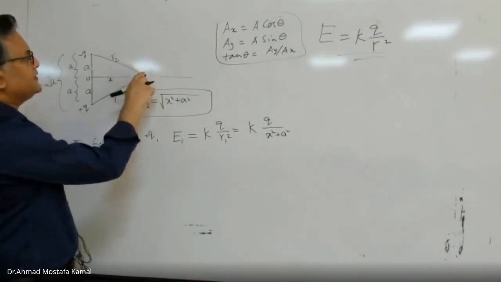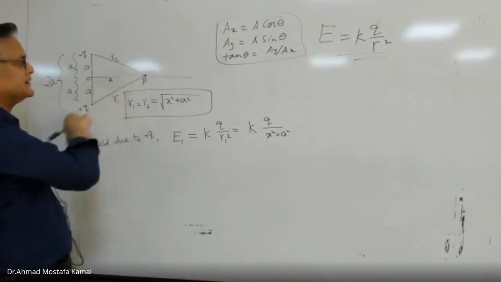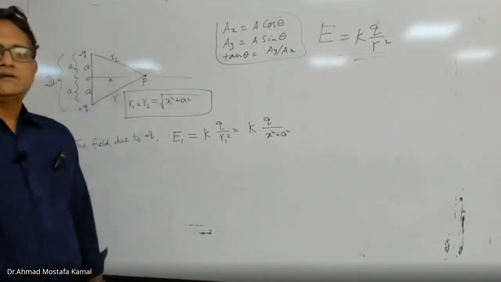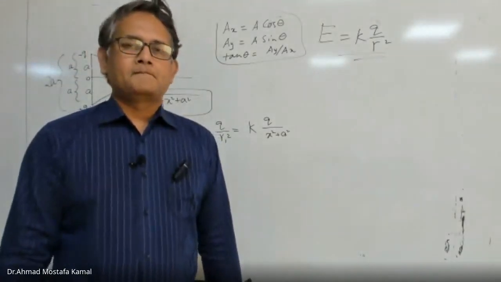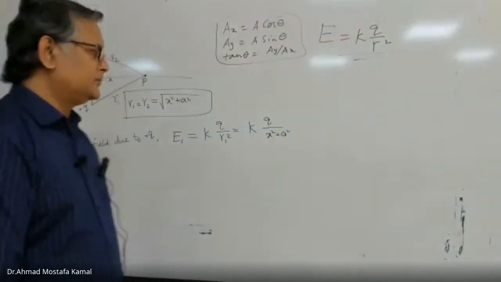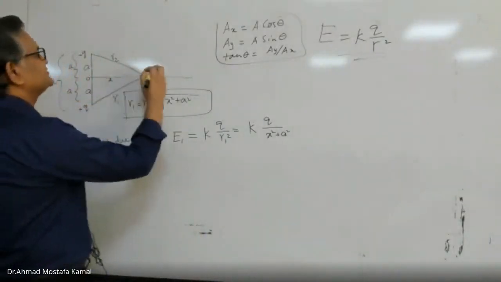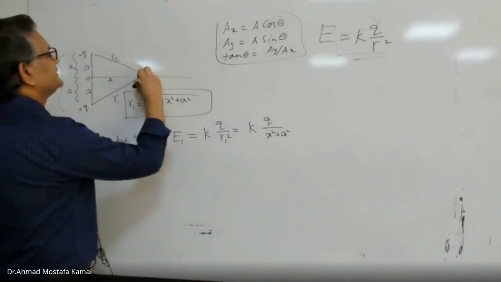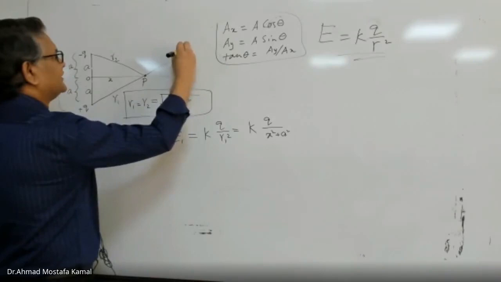So you have 1 coulomb positive charge here, and another positive charge here. Is the force attraction or repulsion? Repulsion, right? Both of them are positive, therefore repulsion. So this plus Q charge will push this 1 coulomb charge in this direction. So this is the direction of E1.